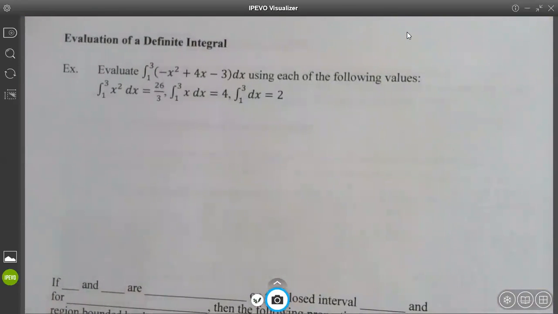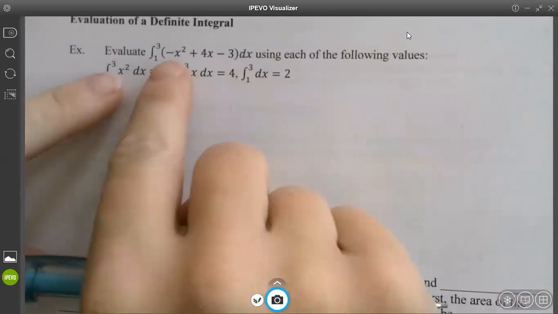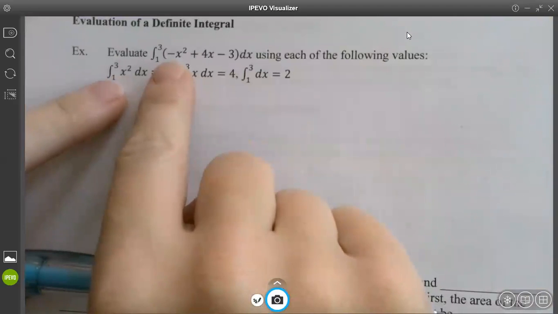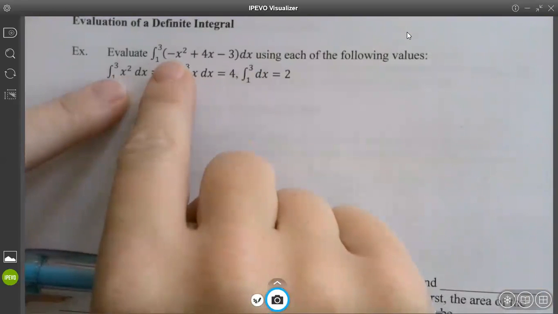Evaluation of a definite integral: evaluate the integration from 1 to 3 of -x squared plus 4x minus 3 dx using the following values. So what's the difference in these two? It's not hard. Remember, I told you it's easy. Don't overthink it. What's different? One's negative. So what can we do with that negative?